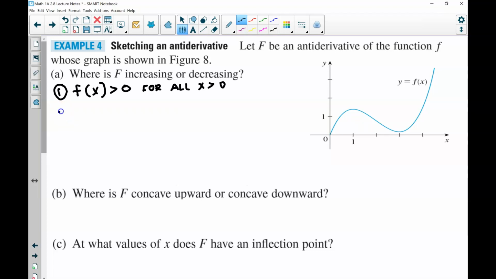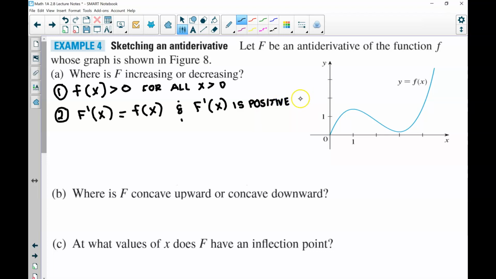we would have F prime of x, which would be equal to the function f of x, and we would say that F prime of x would be positive when x is greater than 0.